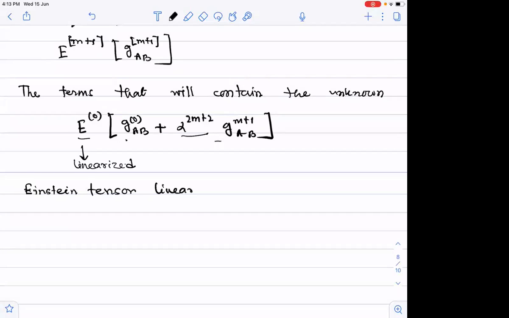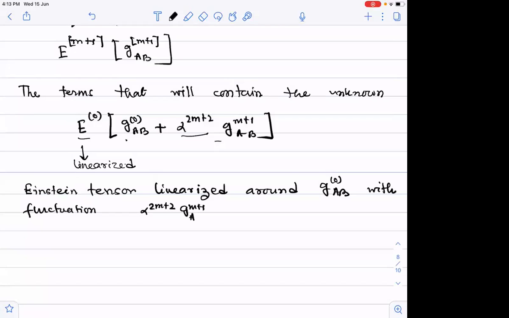It's a universal form. G0AB with fluctuations alpha to the 2m plus 2 g_{m plus 1}AB will give the differential part of the equation, the equation where the unknowns are present.